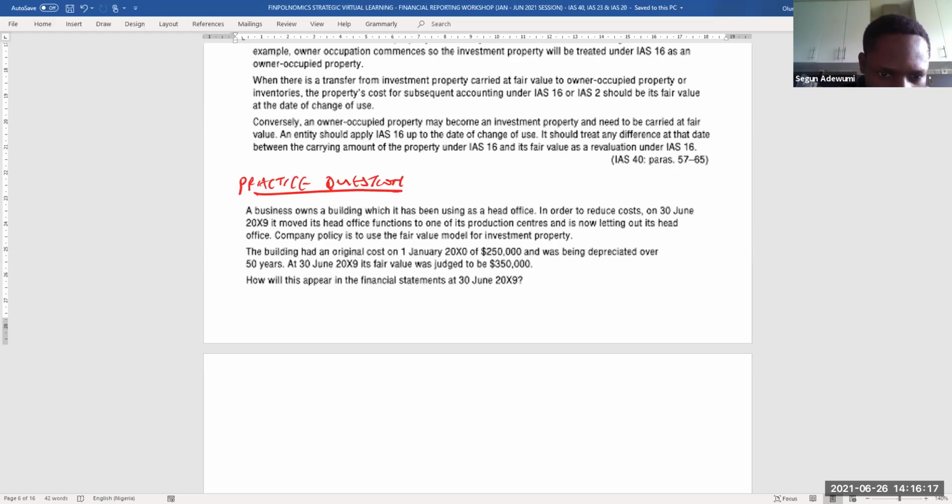The building had an original cost on 1st January 20X0 of $250,000 and was being depreciated over 50 years. At 30 June 20X9, its fair value was judged to be $350,000. How will this appear in the financial statements at 30 June 20X9?